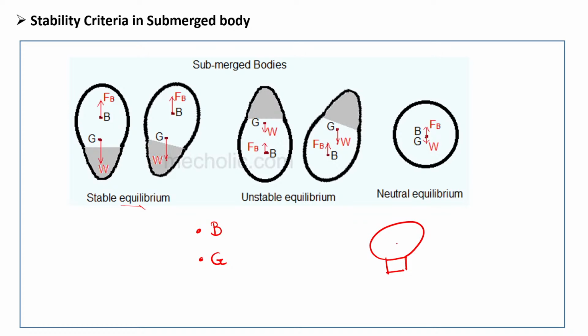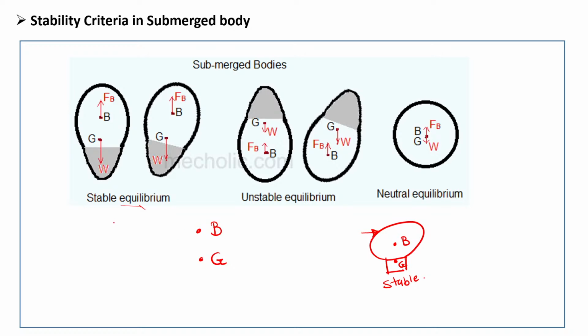In case of a parachute, the center of buoyancy is somewhere here and the center of gravity is somewhere here. Now, if I apply a small force to this parachute, after some time the body will regain its original position. The body will not fall. That means this is in stable equilibrium.